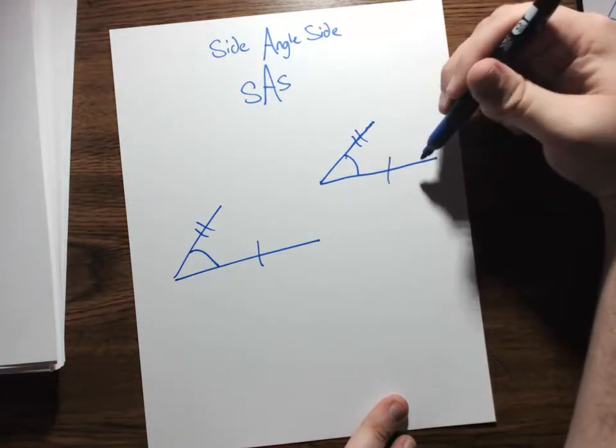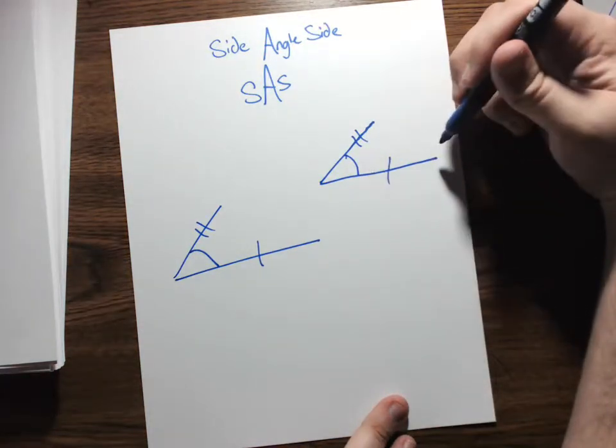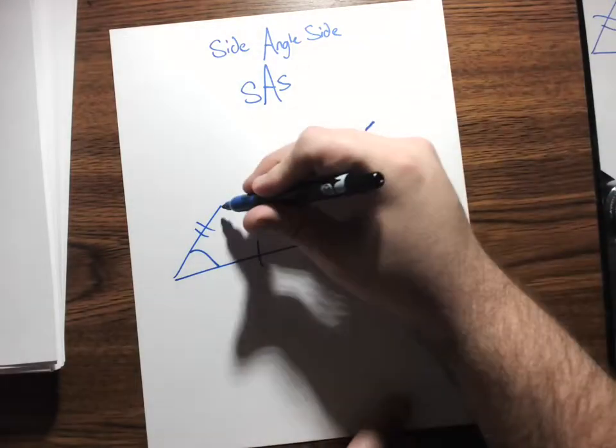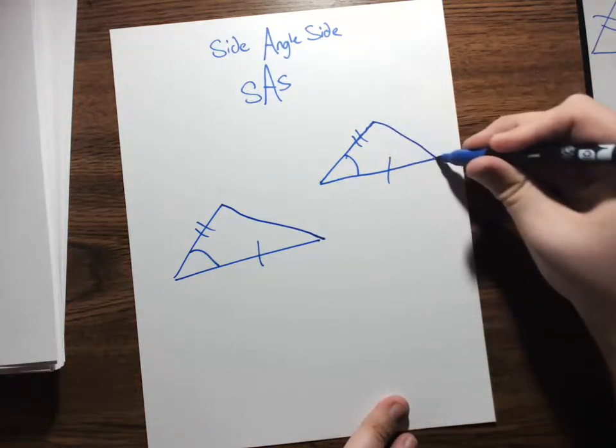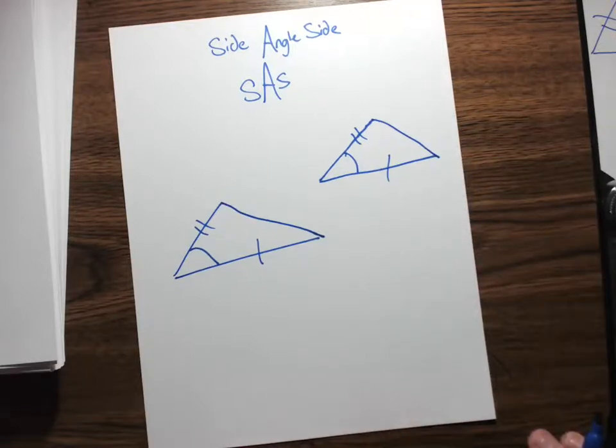And if these are congruent, it's going to be the same line and same distance that I would draw for those. So, side, angle, side proves triangles are congruent.